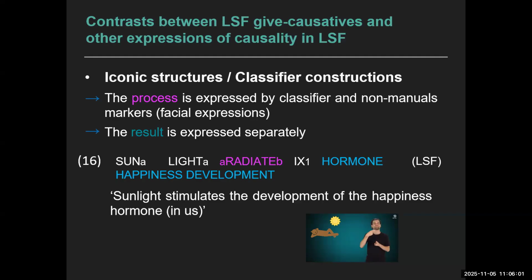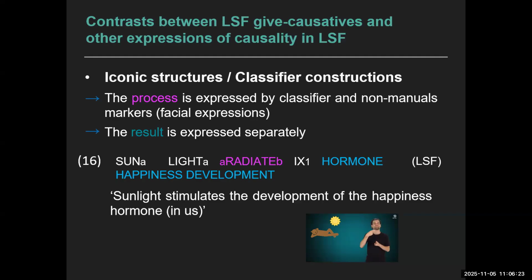And we see with the radiating of the sun, the classifier for the sun, that's enough to actually express the same sort of idea of the causative give. So we don't actually need the causative give here. So this shows a change in state.